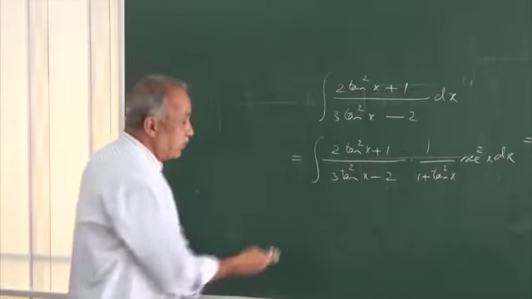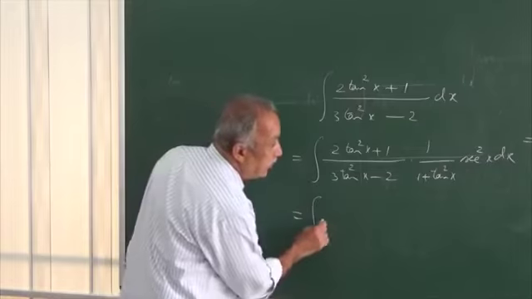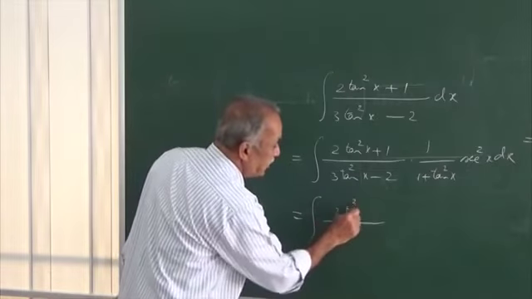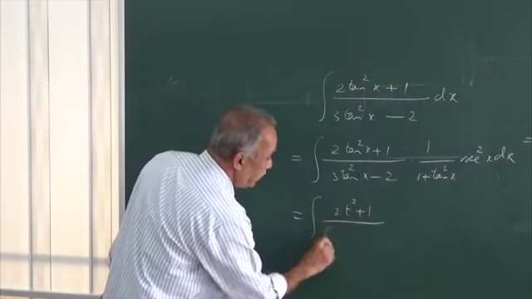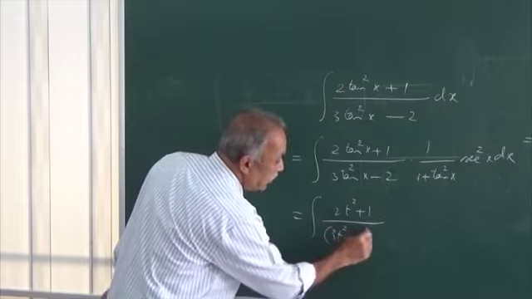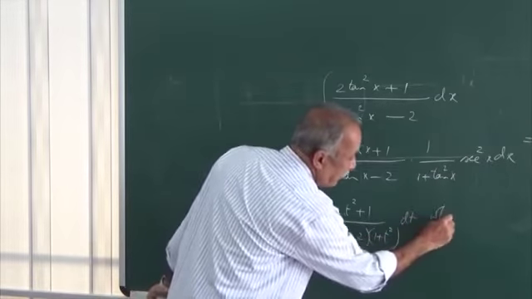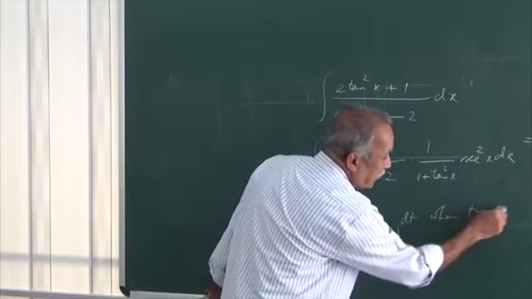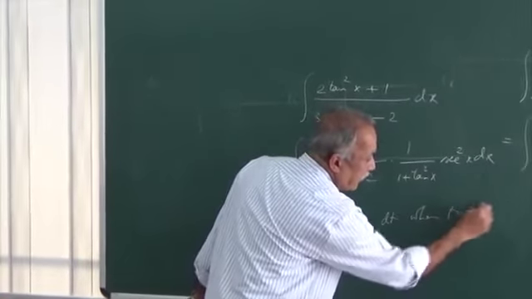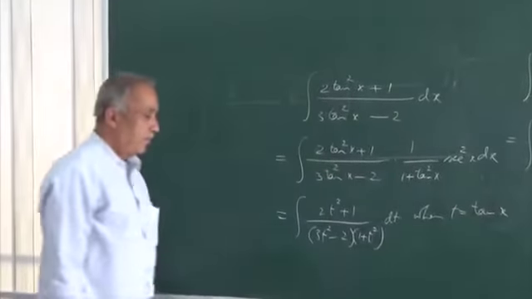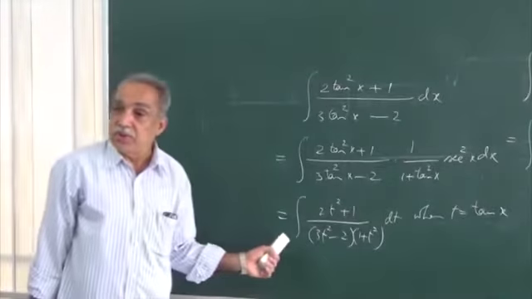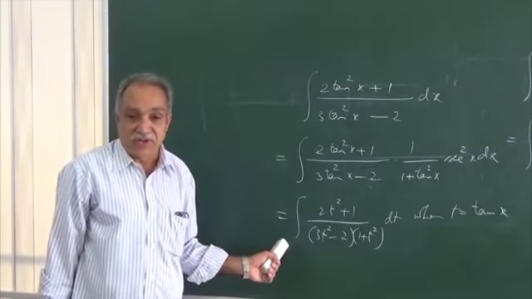On applying the substitution suggested, we will be getting (2t² + 1)/((3t² − 2)(1 + t²)) dt. How to work this problem? Partial fractions.